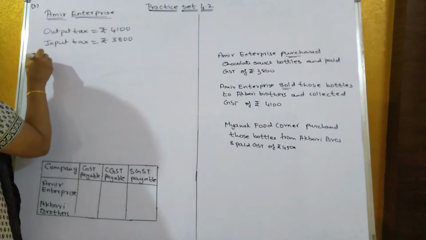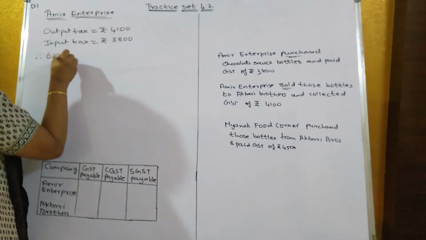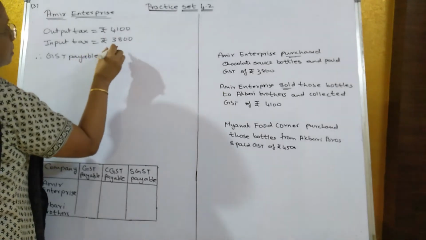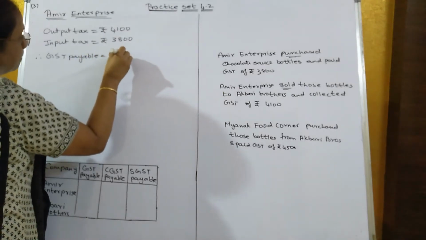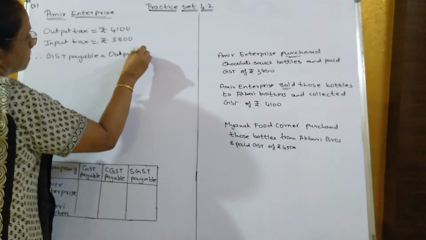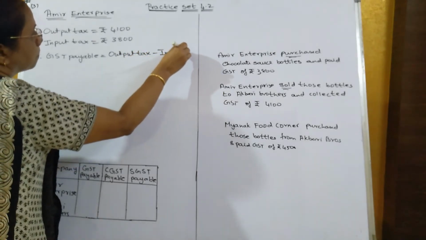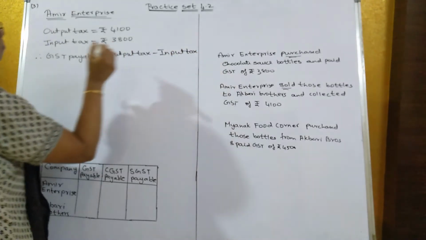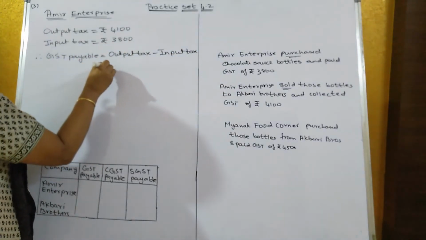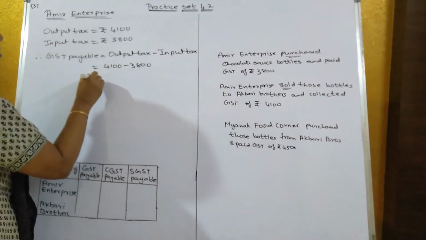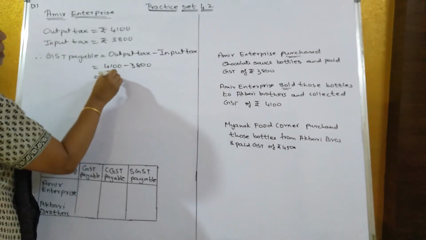Therefore GST payable is equal to how much? Is equal to output tax minus input tax. So that is equal to 4,100 minus 3,800, that's equal to rupees 300.